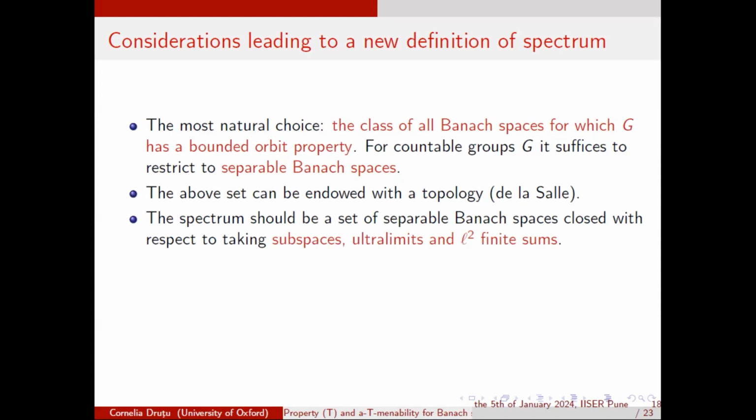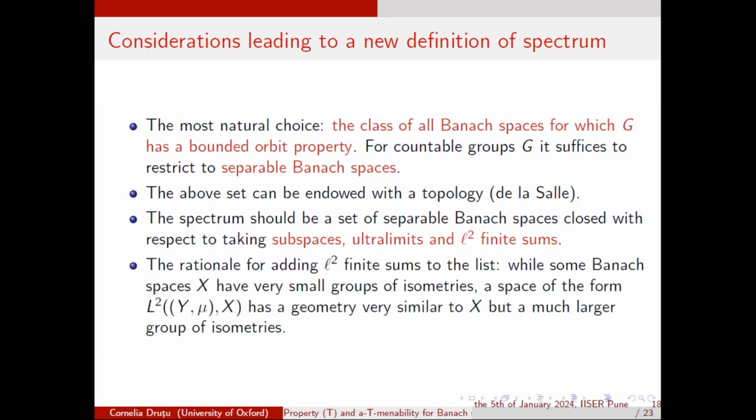Another thing that it's best to require is that such a set is also closed with respect to L2 finite sums. The reason for that is that sometimes the fixed point property comes for unnatural reasons.